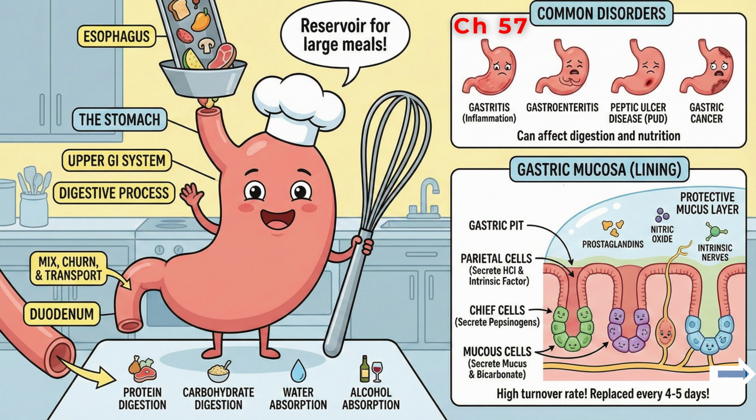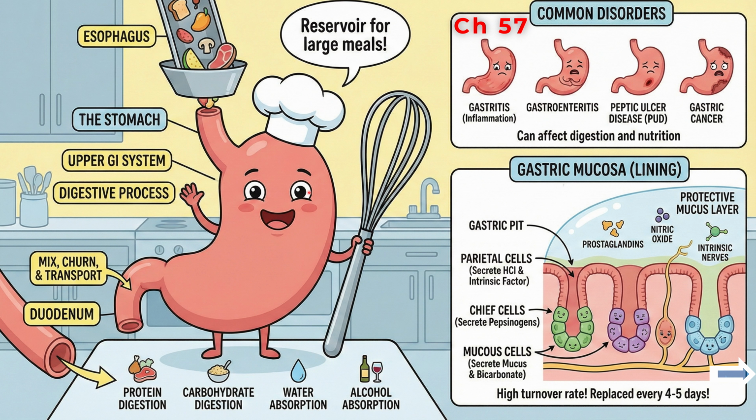I like this image made by Gemini, and in chapter 57, here are the little stomach faces. And these are the disorders: gastritis, gastroenteritis, peptic ulcer, gastric cancer, which can affect digestion and nutrition.